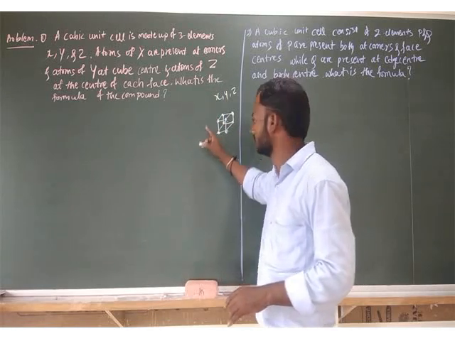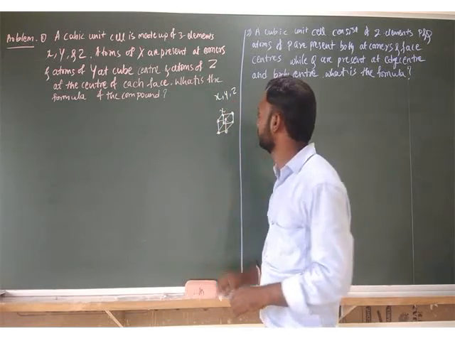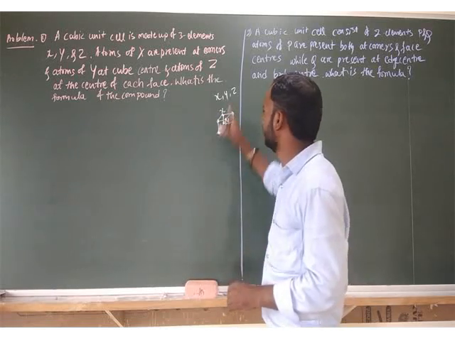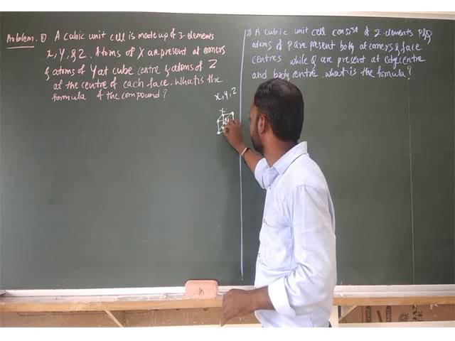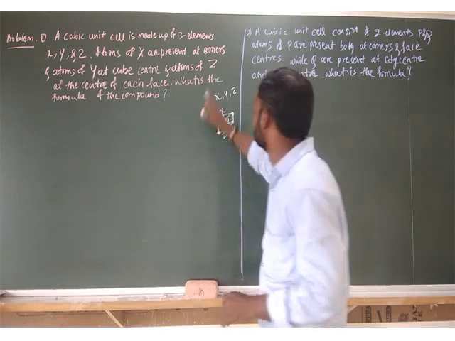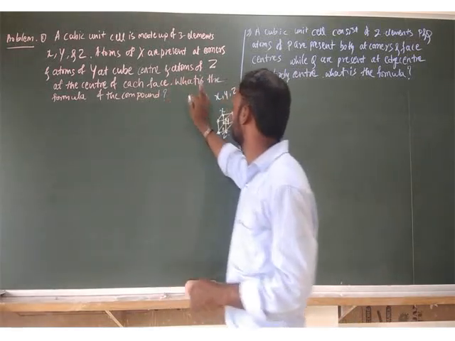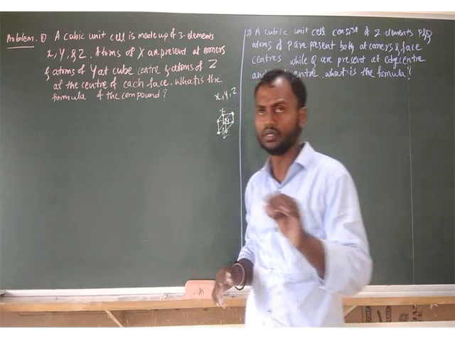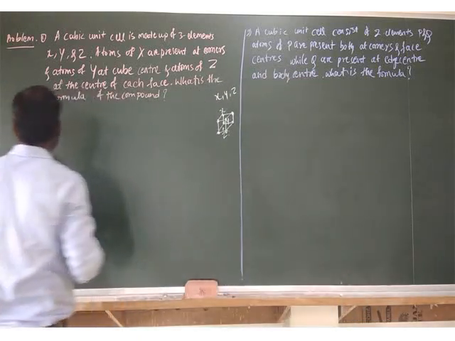The corner particle is indicated by X, the body centered particle is indicated by Y, and the face centered particle is indicated by Z. What is the formula of the compound? Now we are going to calculate the formula of the compound.